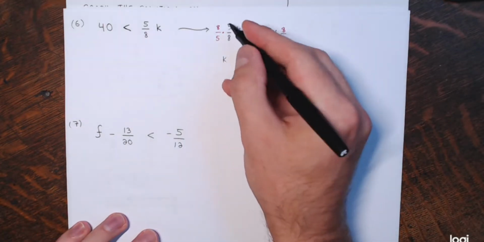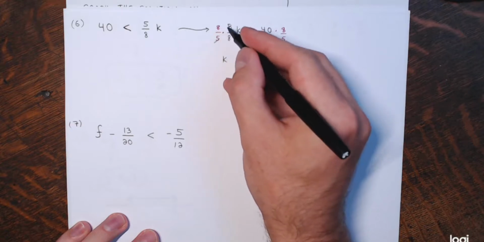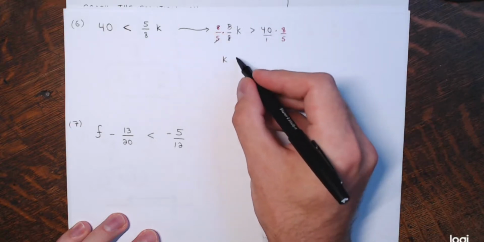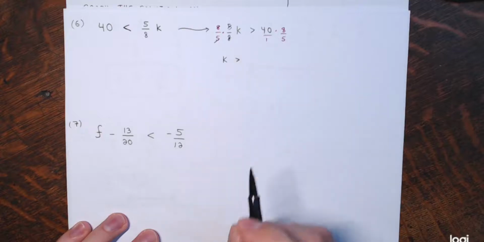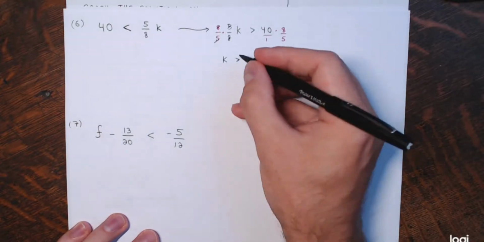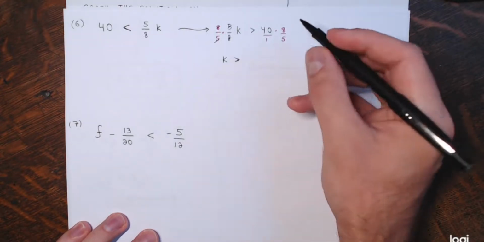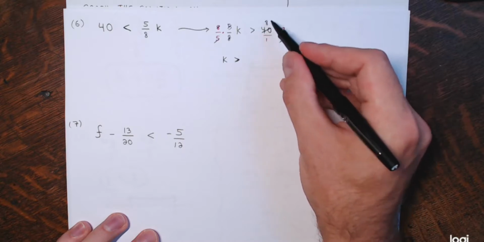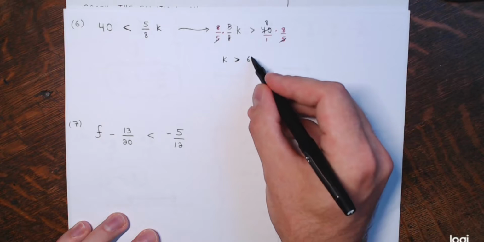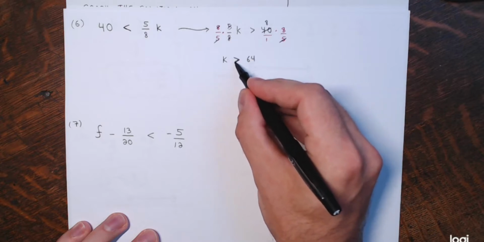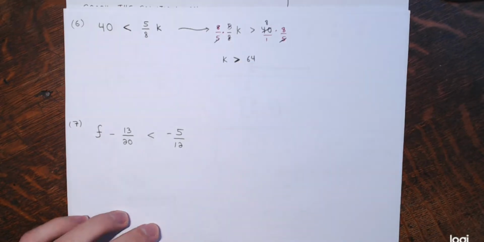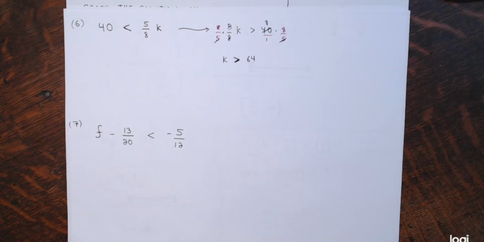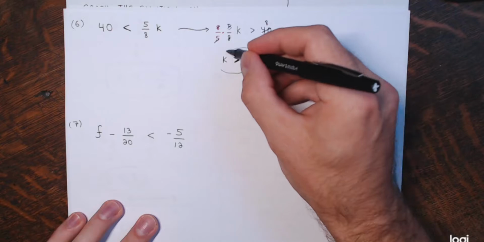Because the 5's would cancel, the 8's would cancel. You have just 1k is greater than, because I multiply both sides by a positive number. It doesn't change the symbol. And then 5 goes into 40 8 times, and 8 times 8 is 64. Right, so all the numbers greater than 64 are solutions of this inequality here.